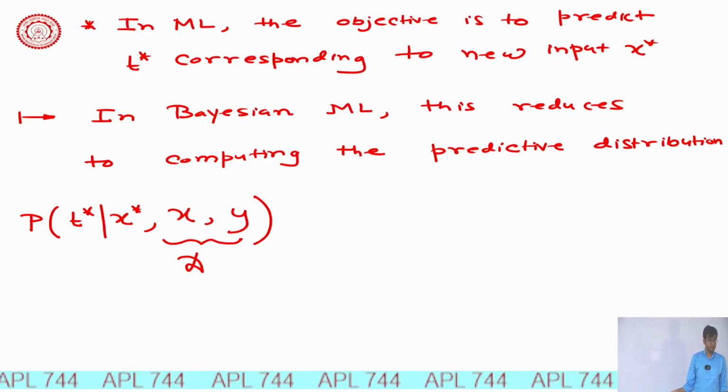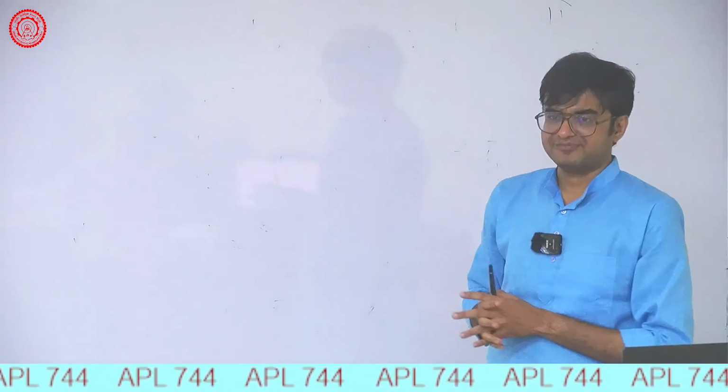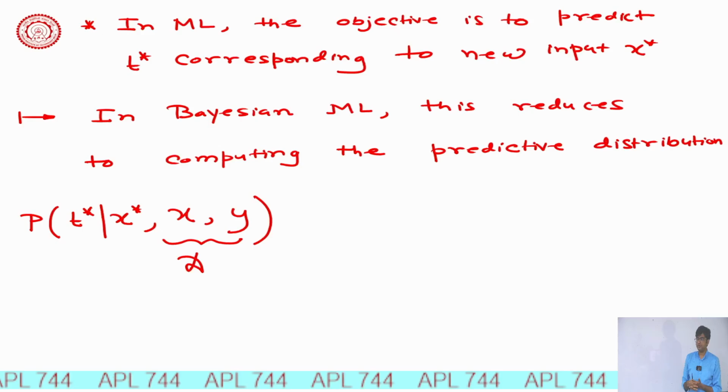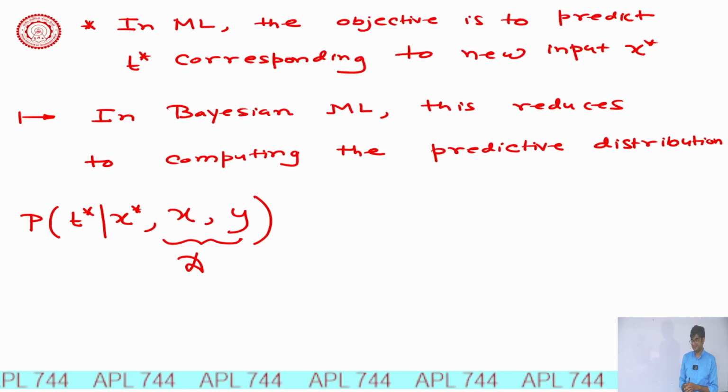X star is your new input and you are trying to find out the distribution of t star given x star and the data. Now, what do you not see in this expression? Parameters. You do not see a w, you do not see a beta, right. You do not see those in this expression.